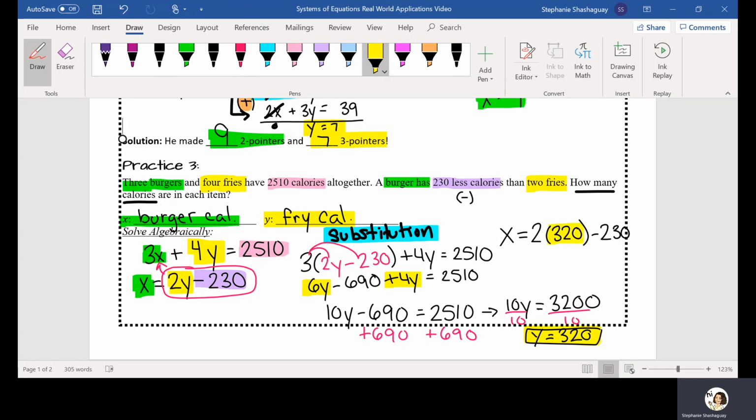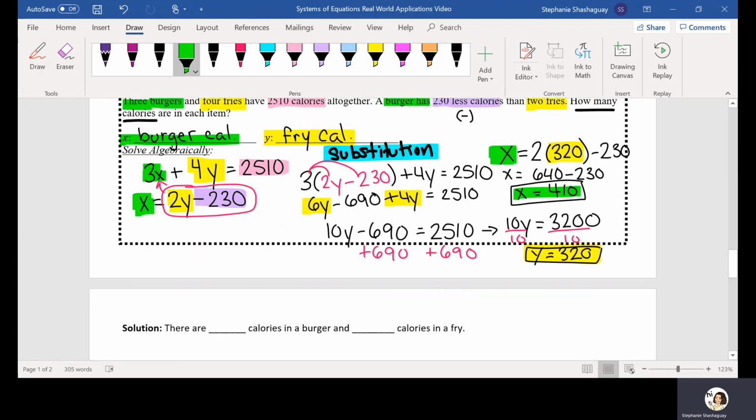Okay, 320 coming from down below, and I'm trying to solve for my x variable. So 2 times 320 is 640 minus 230. So x is equal to 410. So that means that the calories in the burgers is equal to 410.